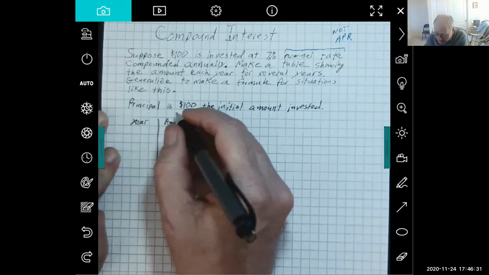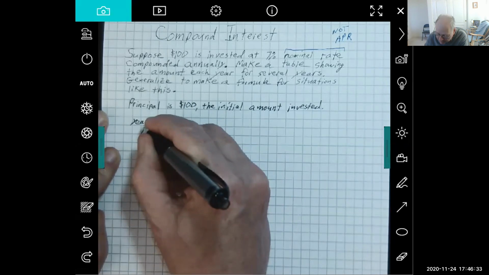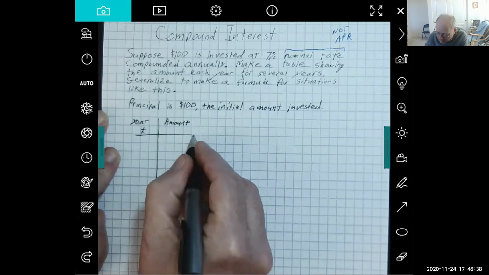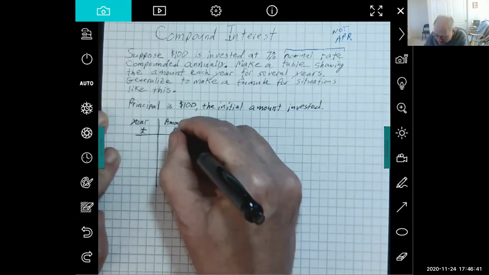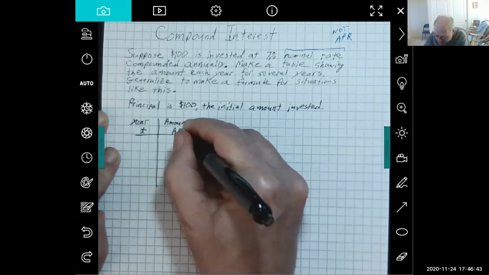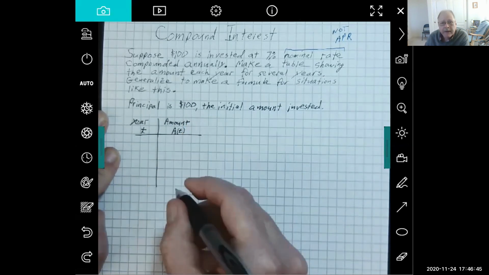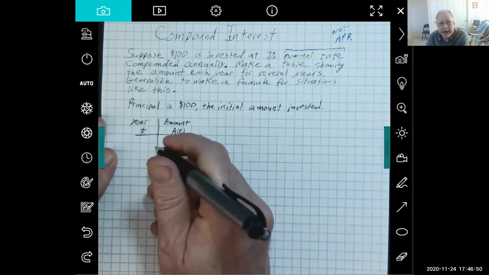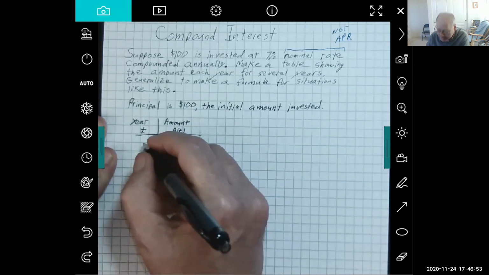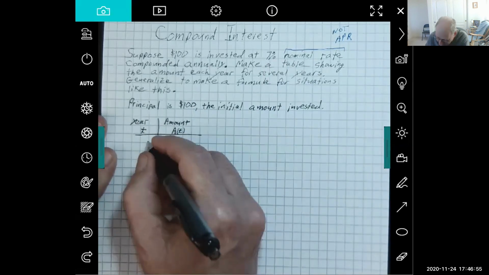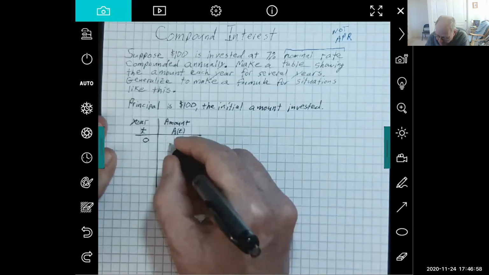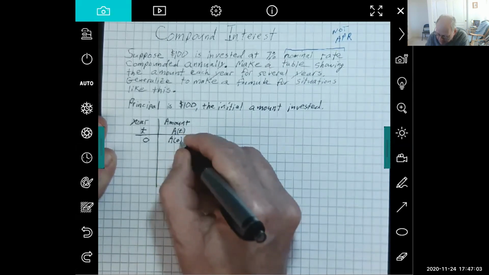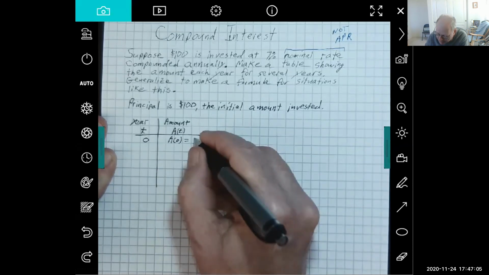So if my year, I'll use the letter T for the years, and the amount in year T. So you put in the $100, and then after 0 years have passed, like the next moment, right after you put the money in, year 0, the amount in year 0 is your principal, your $100.